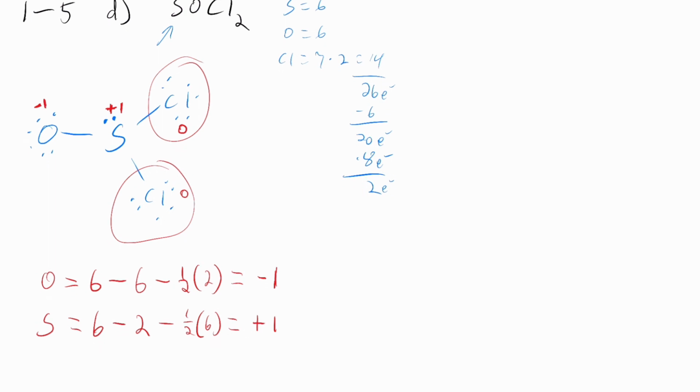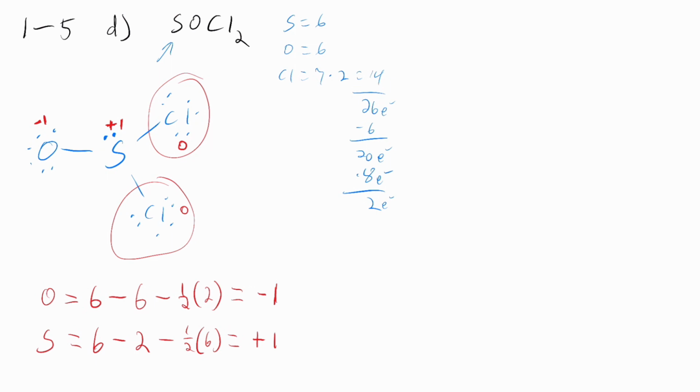And that's actually okay, but your more favored resonance structure is going to have the lowest possible formal charge on all of the atoms. So in this case, a pair of electrons from the oxygen will get attracted over to the positive charge on the sulfur, and it will form a double bond.